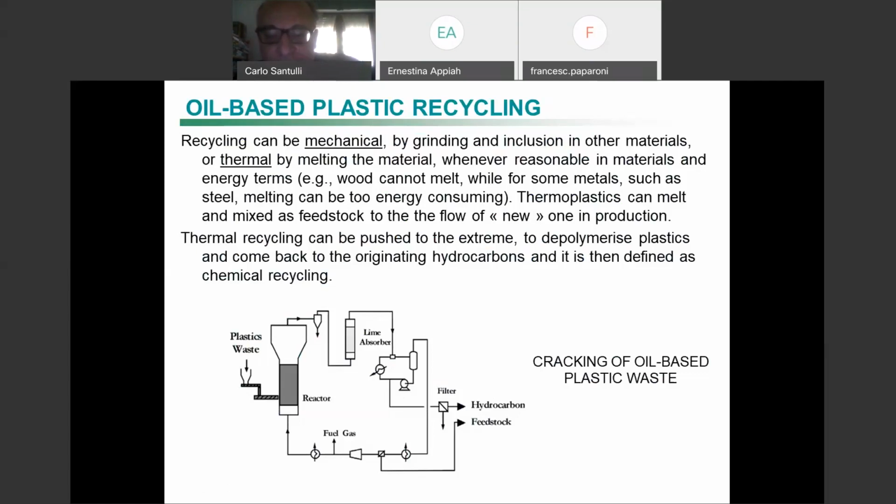You depolymerize, and you get to the hydrocarbon, and you can carry on using that hydrocarbon to produce other plastics, to make other chemicals, etc. For example, if it is ethylene, you can consider producing ethanol.